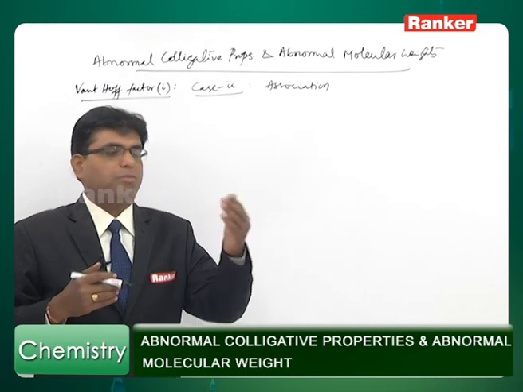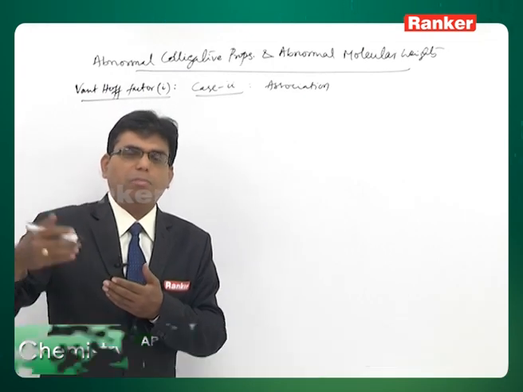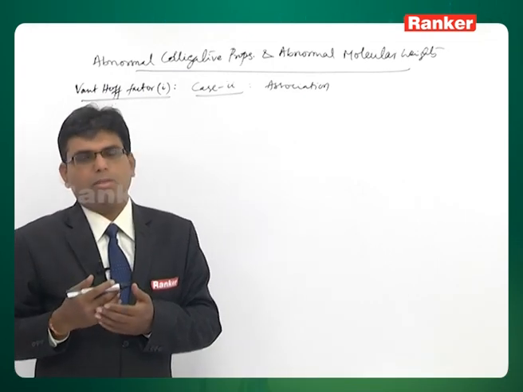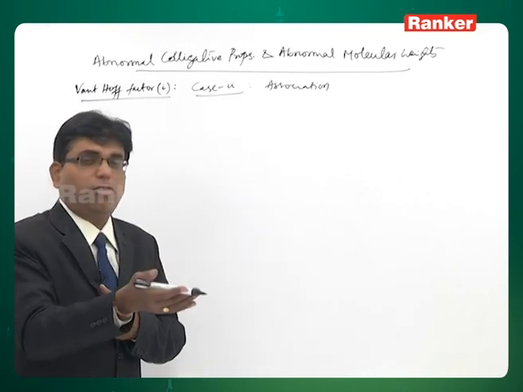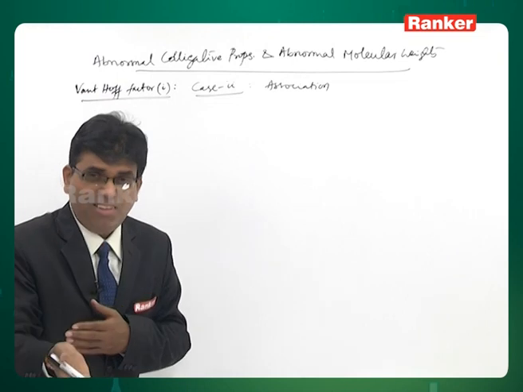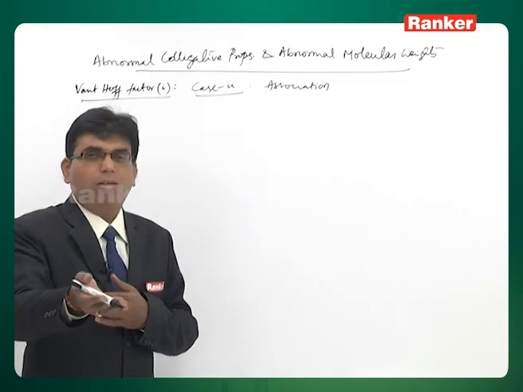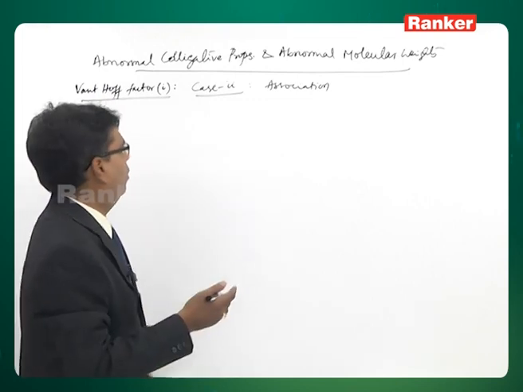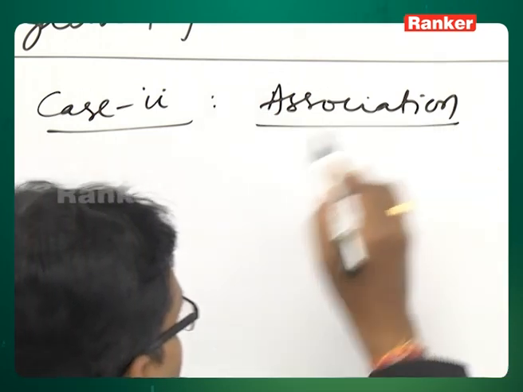If you take 1 mole, then after association it will become 1 by 1000. When there is such a huge change in concentration, there will also be a huge change in colligative property, and also in molecular weight. Okay. So, coming to the case of association.